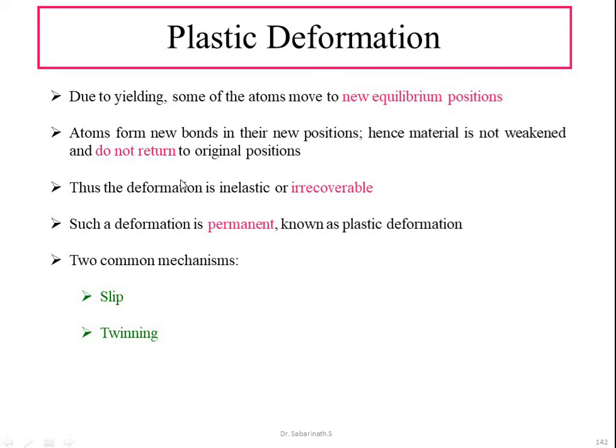Such deformation we call inelastic or irrecoverable. Such deformation is also permanent, and this is known as plastic deformation. Two common mechanisms by which plastic deformation happens are slip and twinning.